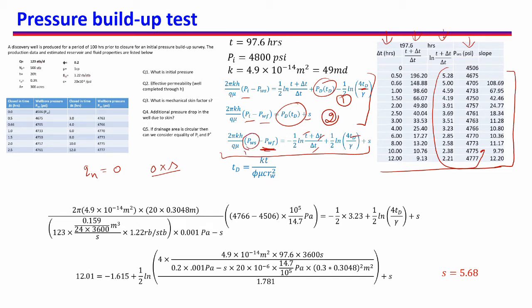Here the variables are PWS and delta T; the fixed quantities are T, delta TD and PWF. The dimensionless time TD is related to the time using this equation. So if we now use equation 3, we can now find S.